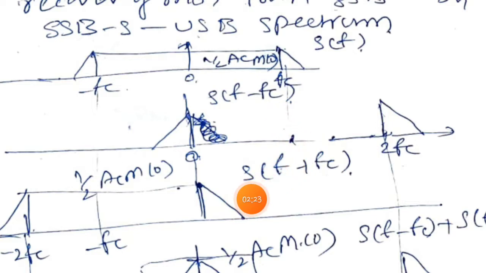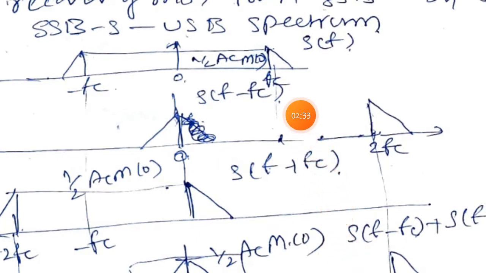Similarly, you can obtain S(f plus fc). In this case, you have to shift S(f) towards the left by an amount of fc. So what happens?